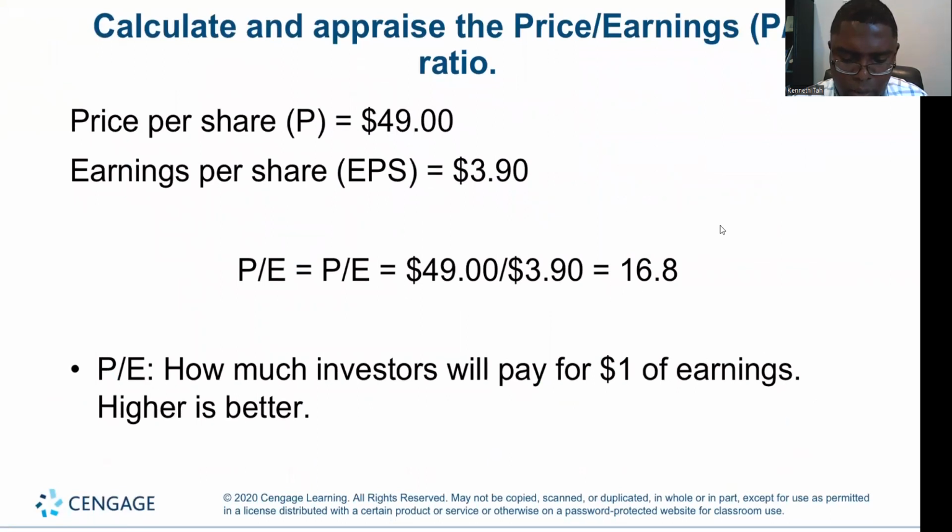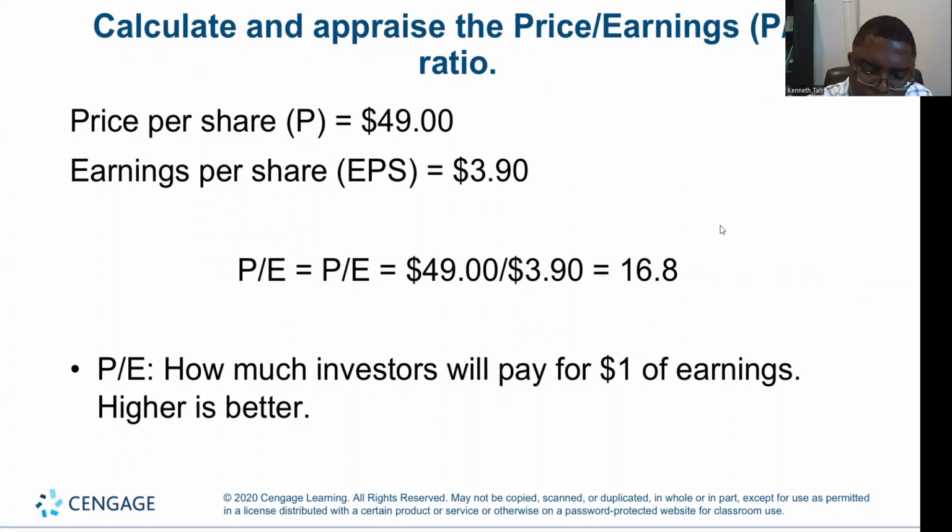All right, so let's look at the first one, which is what we call the PE ratio, the price earning ratio. The price earning ratio shows how much investors are willing to pay per dollar of reported profit. So we have price per share that was given to us under other information.